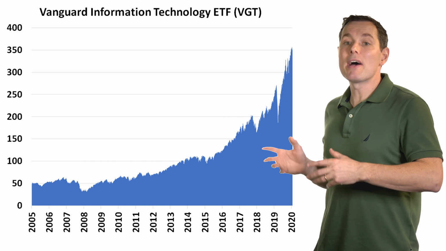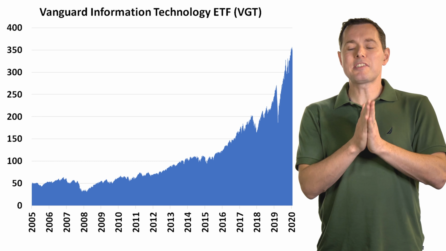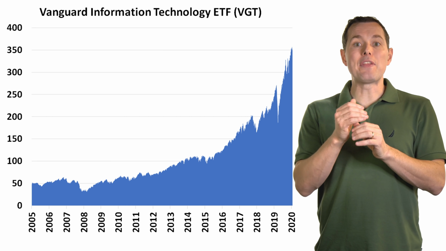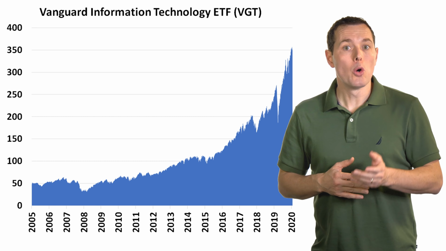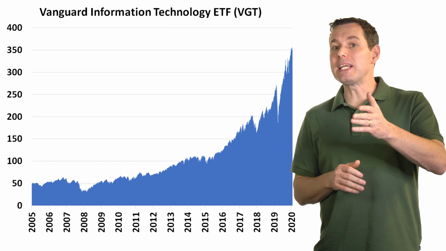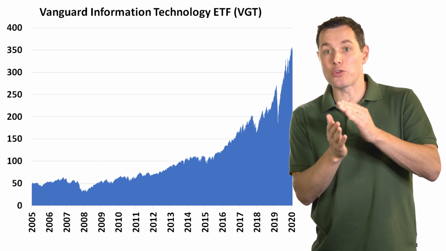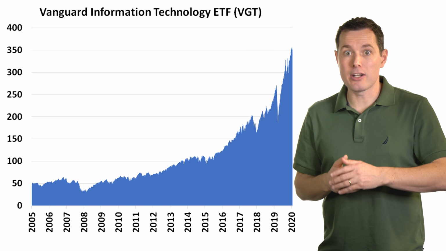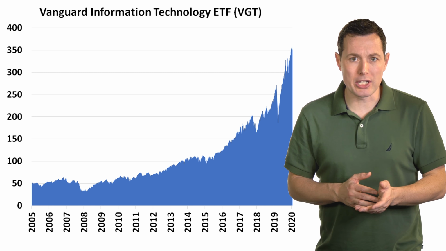So the theory, what we're trying to accomplish here, is that let's imagine we're looking at price to earnings or price to free cash flow. And let's pretend that the multiple that we calculated was 20x. Well, that would mean that the current price is 20 times either the earnings or the free cash flow that the company generated over the last 12 months, depending on which one we're looking at.